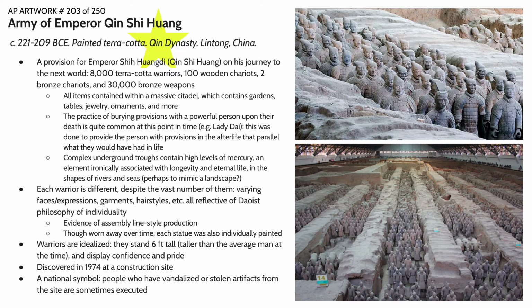That is true, that certain parts of these terracotta warriors, like hands and feet, were created using things like molds, but other features, such as the face, were actually hand sculpted piece by piece. And this was very much reflective of the Taoist philosophy of individuality. You can't just make copies of one soldier and have that be your army. There's really an emphasis on individuality here.